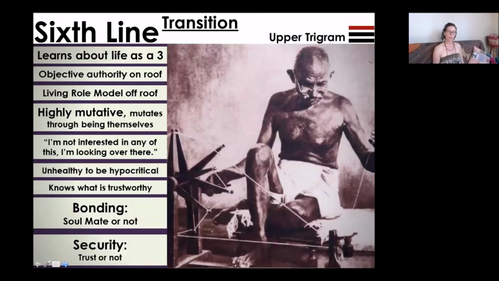So if the 6 is part of your personality, people are going to really be looking to you as an example, and you'll probably be more consciously aware of being a role model. And then if the 6 is unconscious, your physical body is an example.